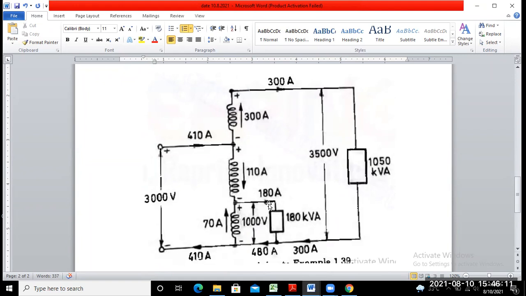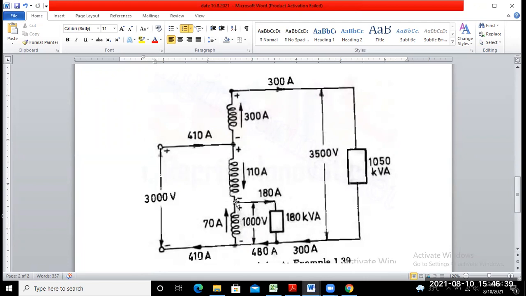So you may just redistribute the current distribution. So 300 is going along this winding, and how much current is going from this one? That means 110 ampere, and 180 is going from this side. So how much more is required here? That means 70. Then you will get the 180, is it not, at this point?